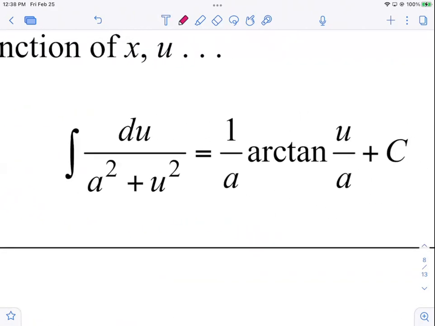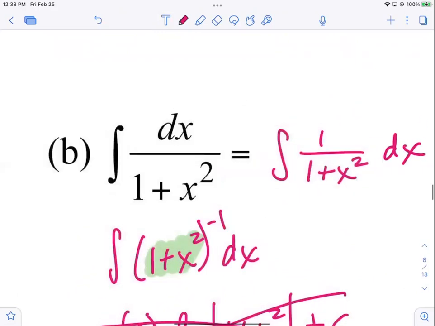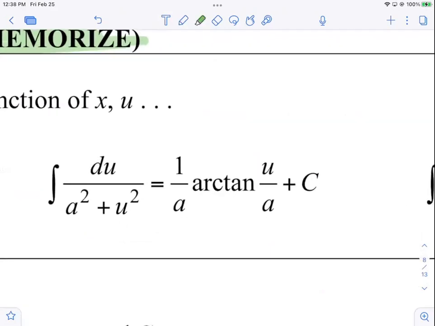If you see a squared plus u squared with no radical and they're both added, that looks a lot like arctangent, right? No radical, both positive, number plus function. Now notice this is arctangent of u over a, but it also has an additional 1 over a in front. 1 over a arctangent of u over a.